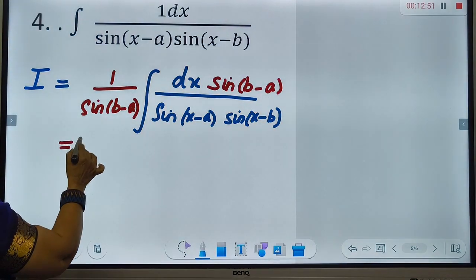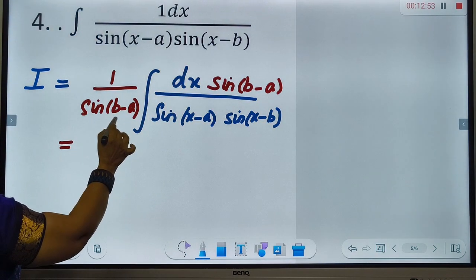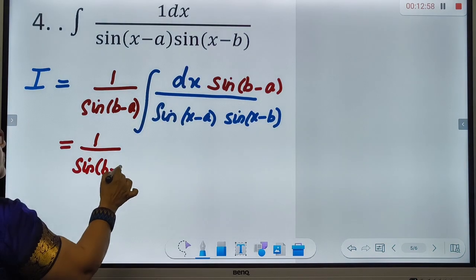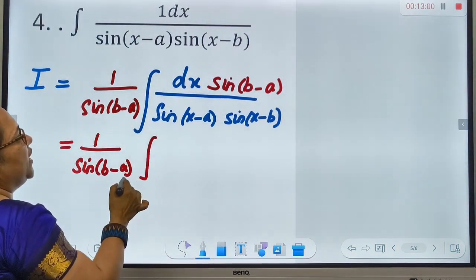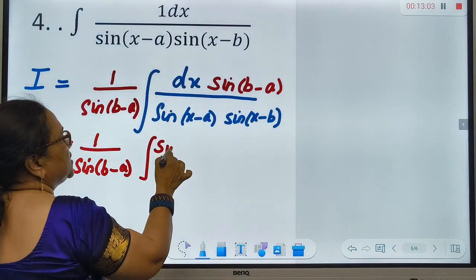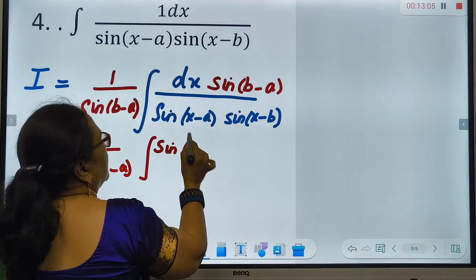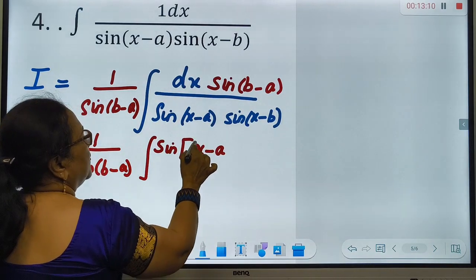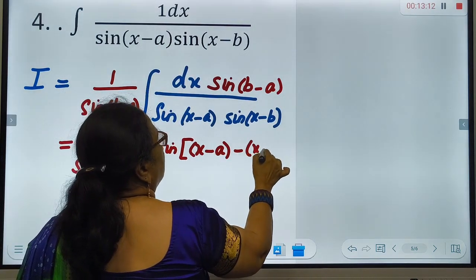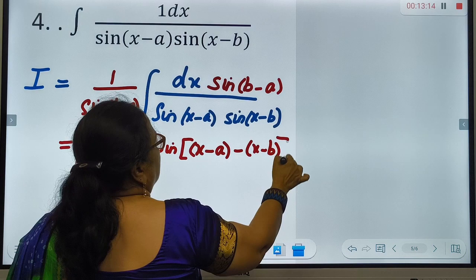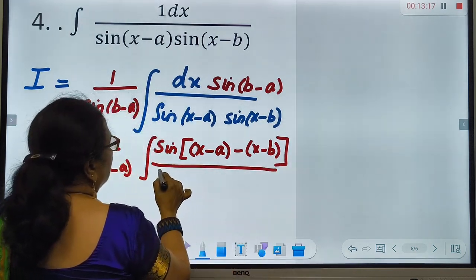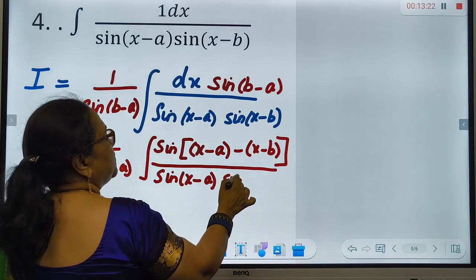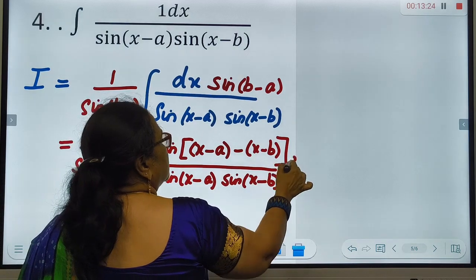So this is 1 by sine of b minus a, which is a constant. So 1 by sine of b minus a into sine of b minus a, I can write it as sine of x minus a minus x minus b, divided by sine of x minus a into sine of x minus b dx.